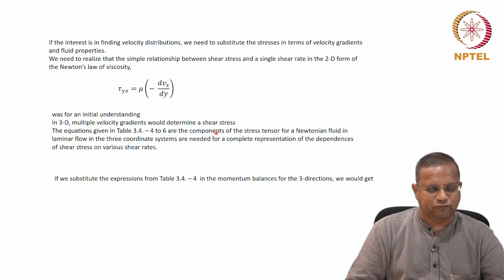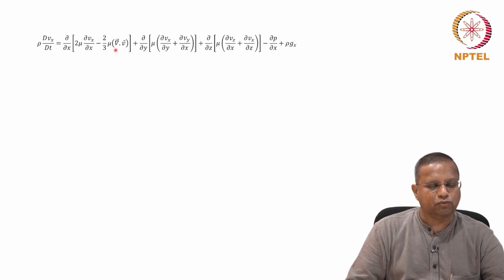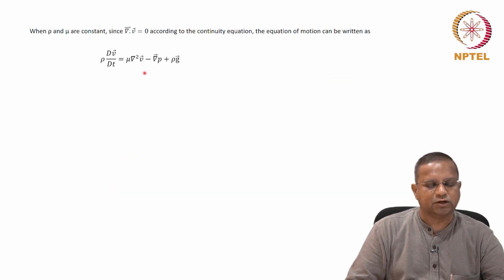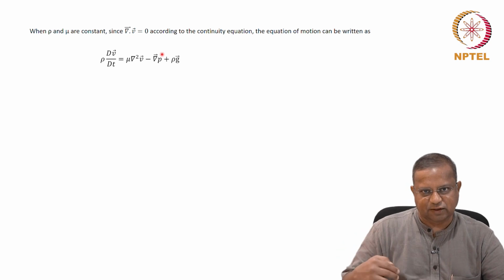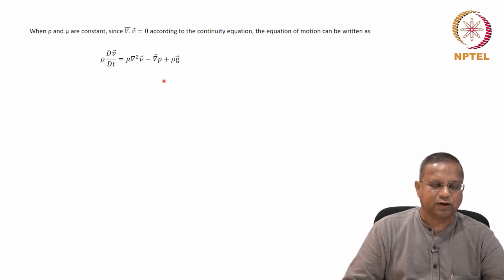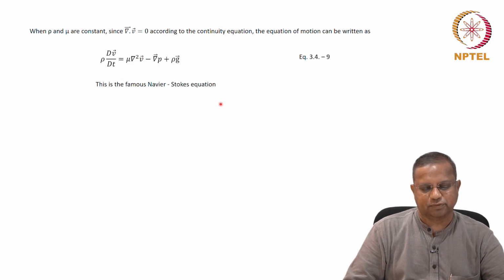So if we are considering a Newtonian fluid at constant rho and mu, then we found that this equation can be used, and these are the second equations in tables 3.4-1 to 3.4-3. Since it is quite a common occurrence, the use of this equation is quite extensive. Rho D v Dt equals mu del squared v minus del p plus rho g.